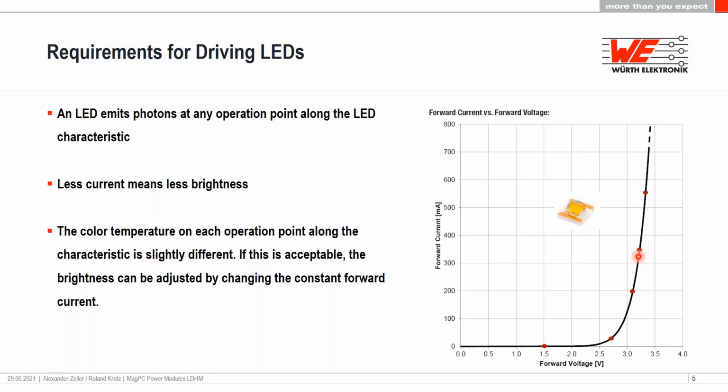For example, for a pocket lamp, it does not matter which color temperature you have. You can choose, for example, 3 or 4 steps that your pocket lamp can be dimmed.